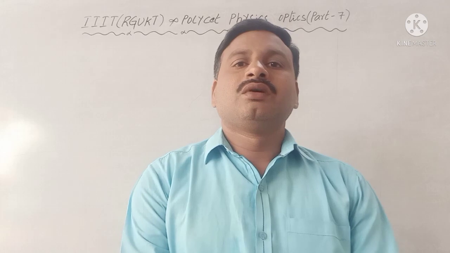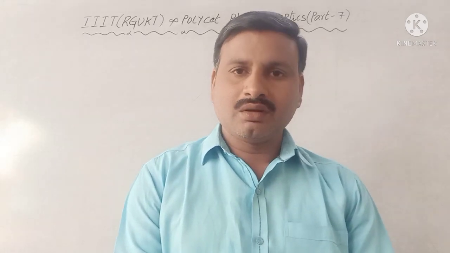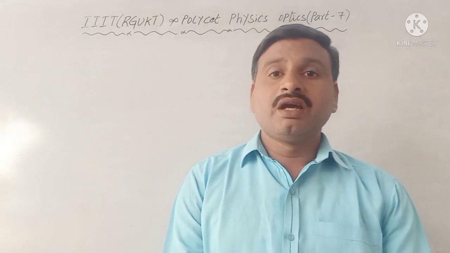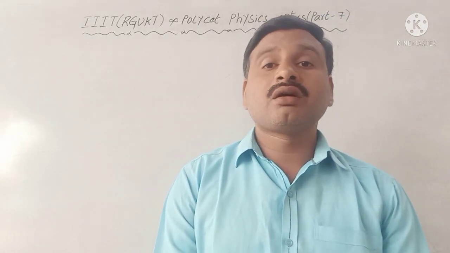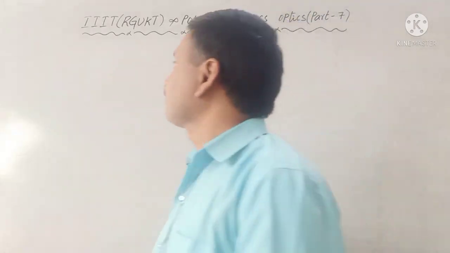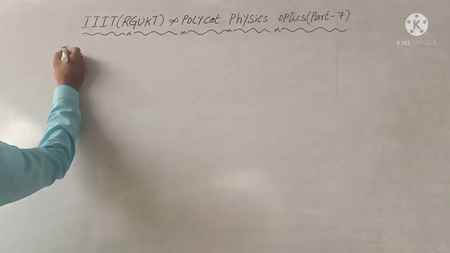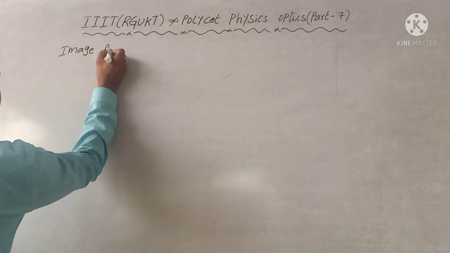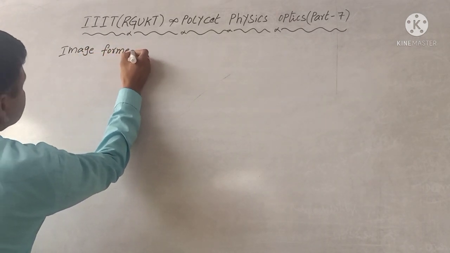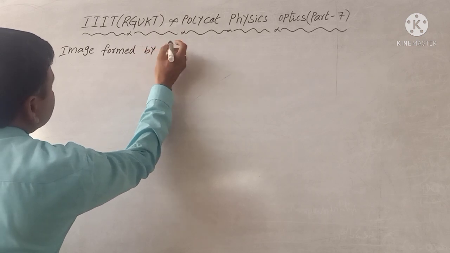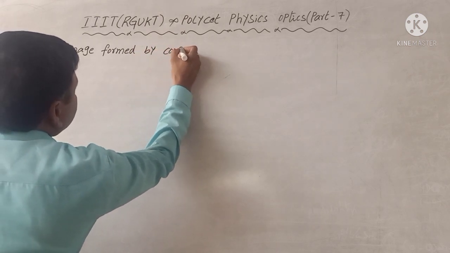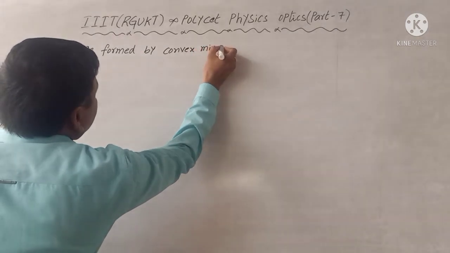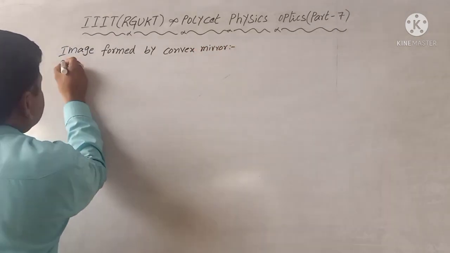Yesterday we did some problems. Today we are discussing the image formed by a convex mirror, with the object at different places.